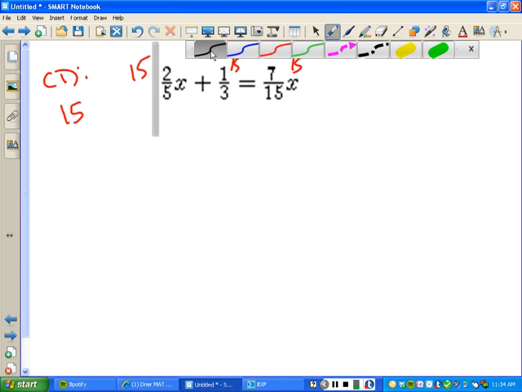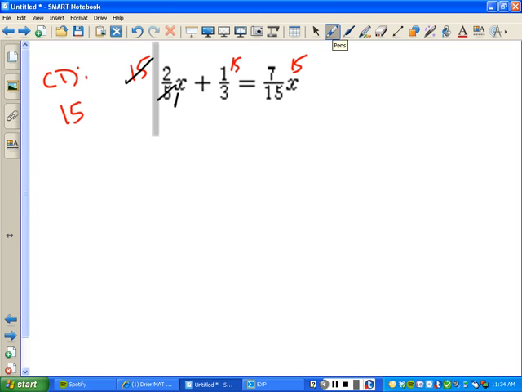And doing so, we have to always remember, we're going to divide first. 5 goes into 15 3 times. We're going to divide first. We're going to multiply second. So 3 times 2x is 6x. Divide first. 1 times 5 is 5. Divide first. 7 times 1 is 7x.